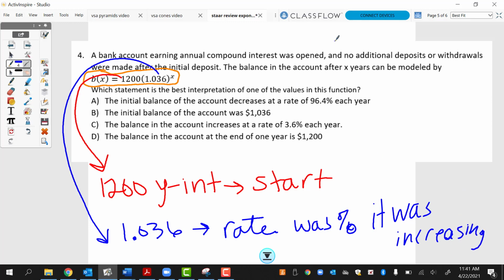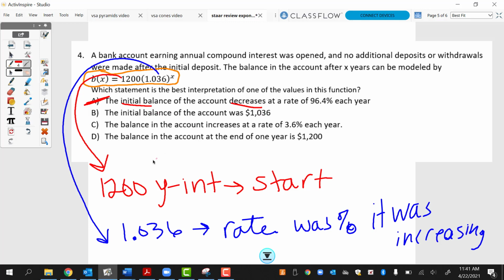Okay, so let's look. A says the initial balance, aka the starting number, because we know that means starting, decreases at a rate of 96.4% each year. That's a decrease. We know, first of all, it was increasing, so it's not A. B, the initial balance of the account was $1,036.